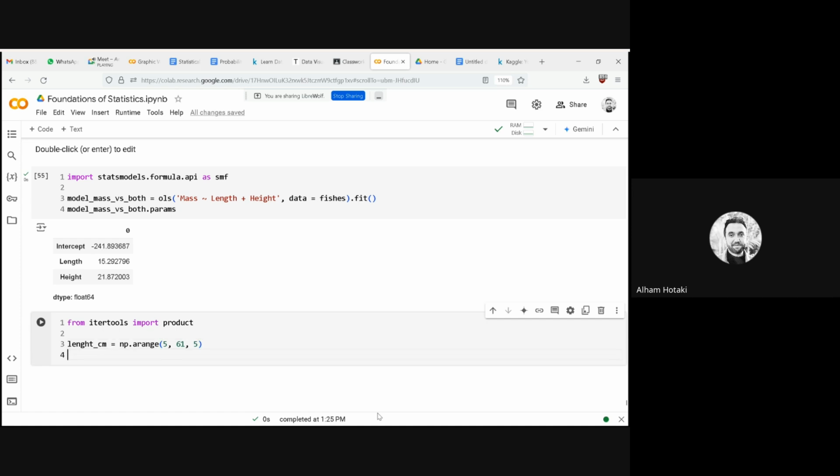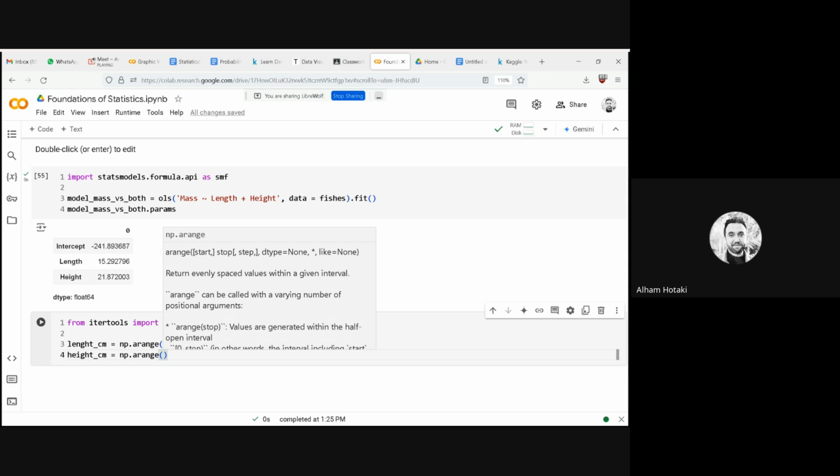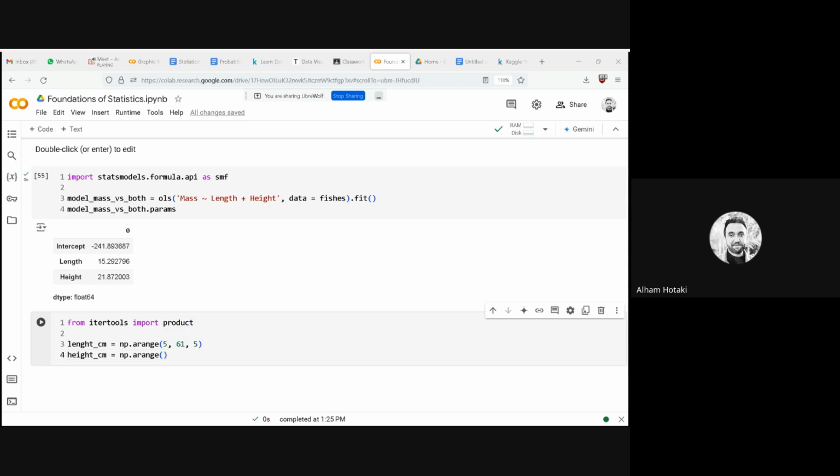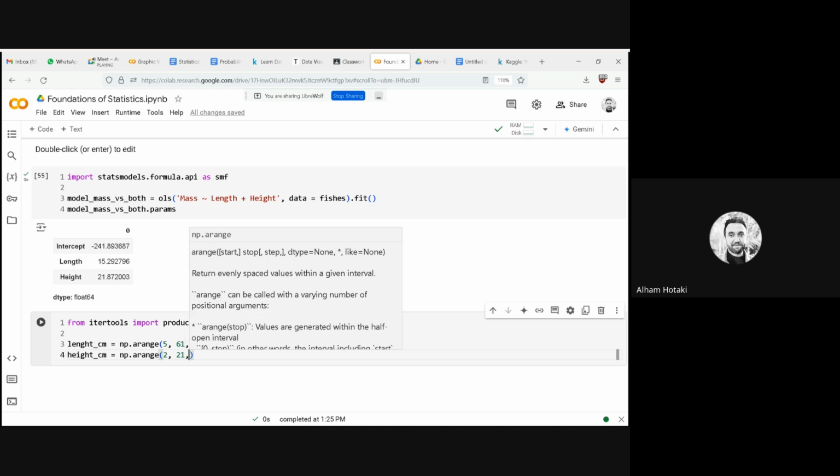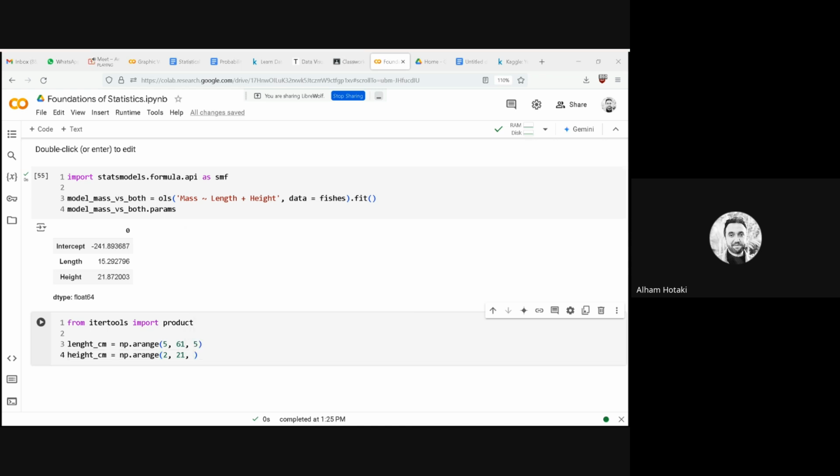Then also let's generate height, for example, in centimeters, again with np.arange, between 2 and 20. The steps would be 2 for each one.